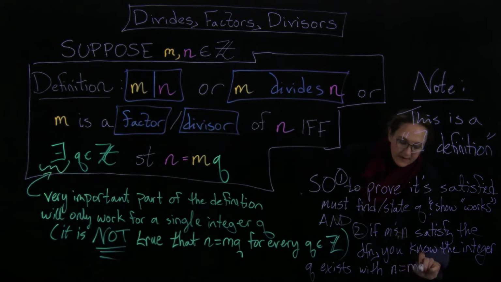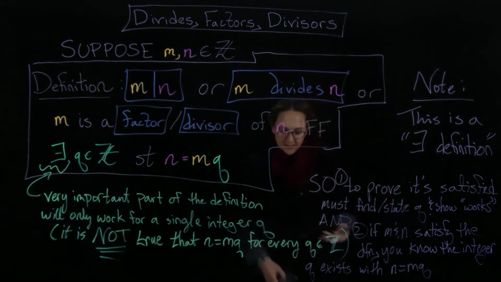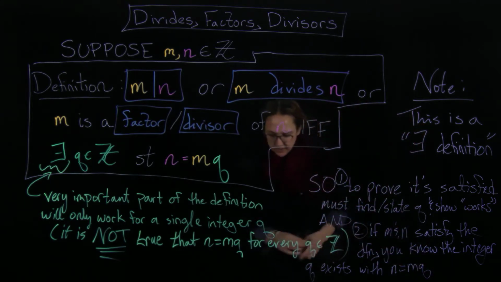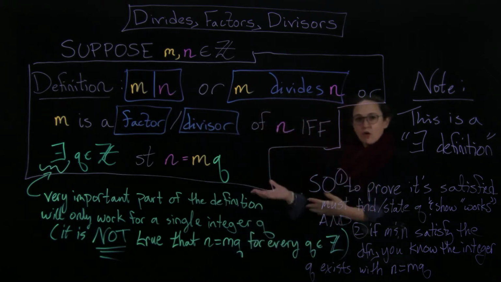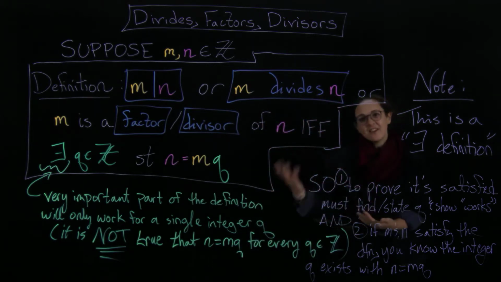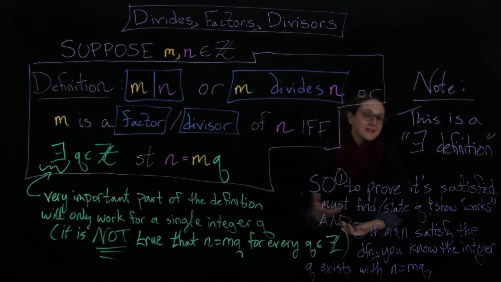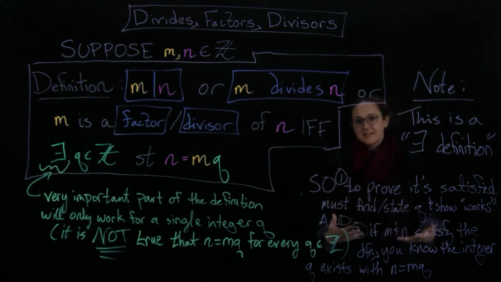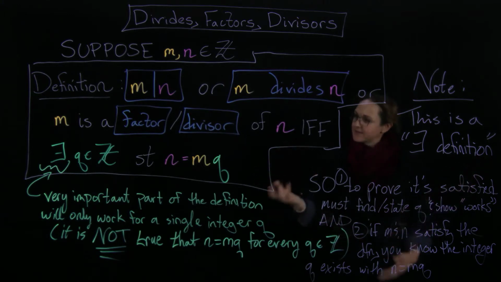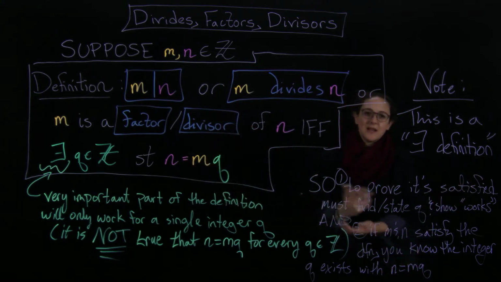This is very useful to know: how do you use or show a particular kind of definition? This is a there exists definition. If you know that this m and n satisfy it, you have that q to work with. You have this way of writing n, this relationship between n and m, and you can work with that.